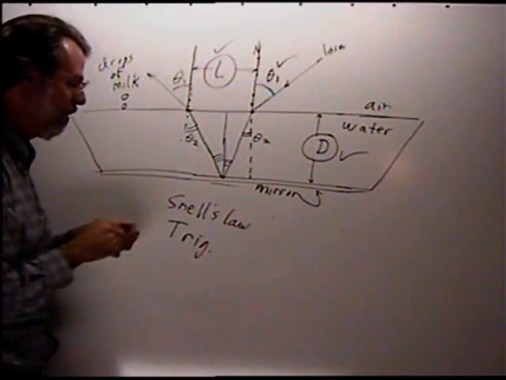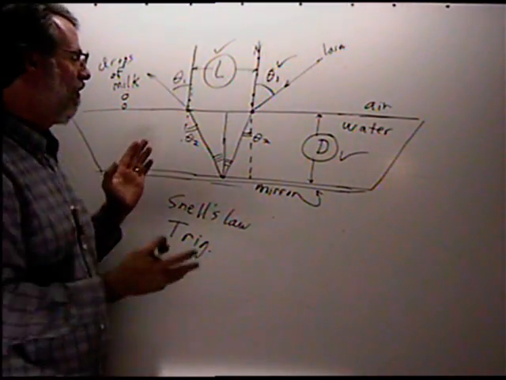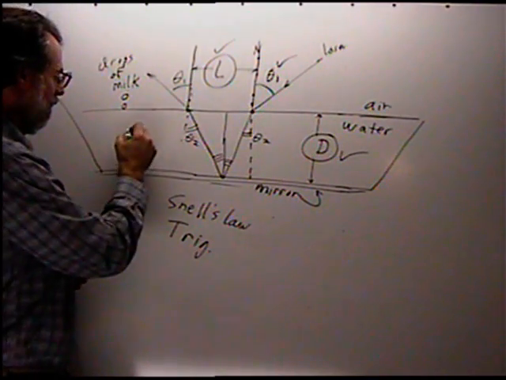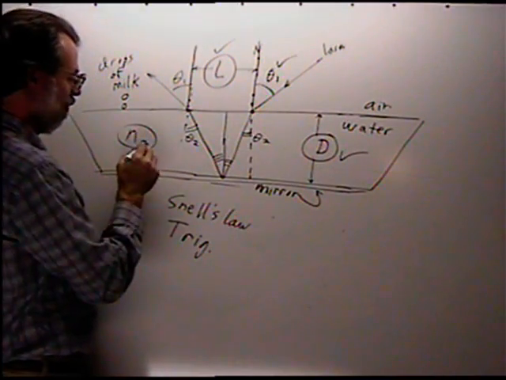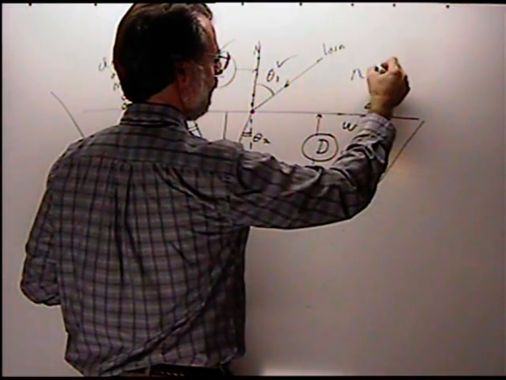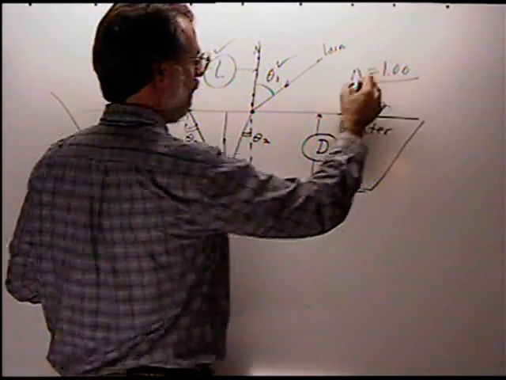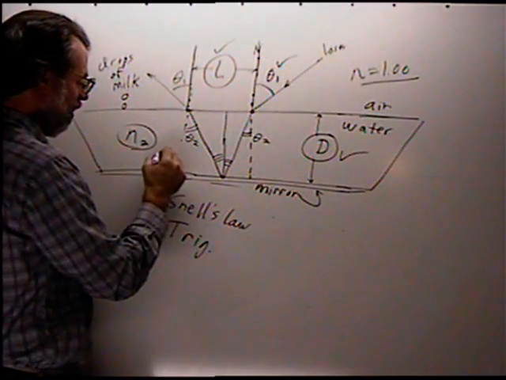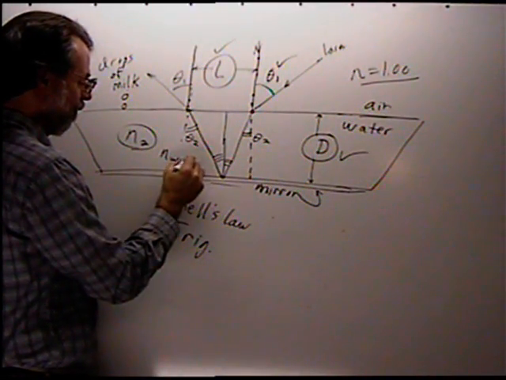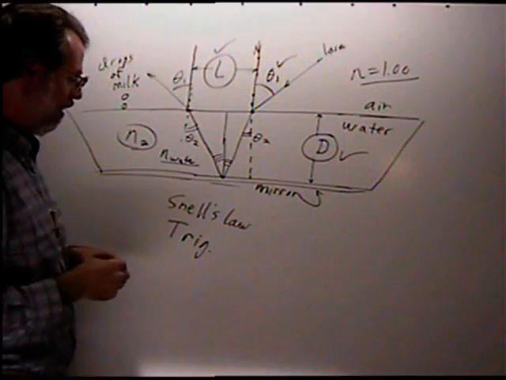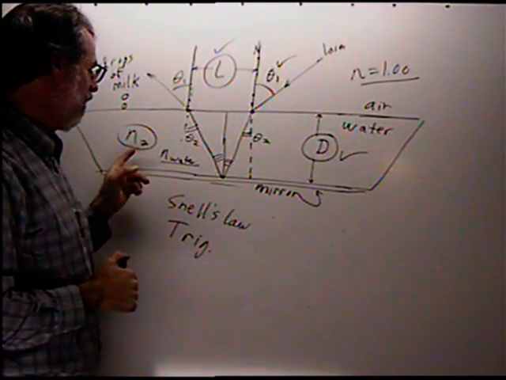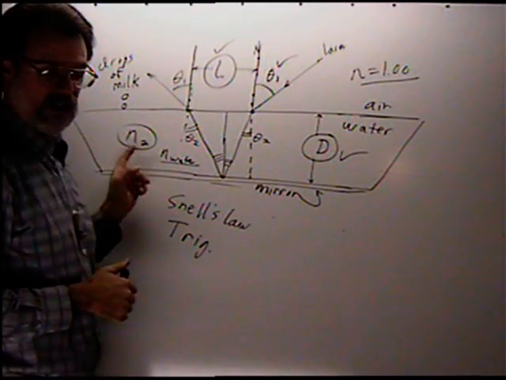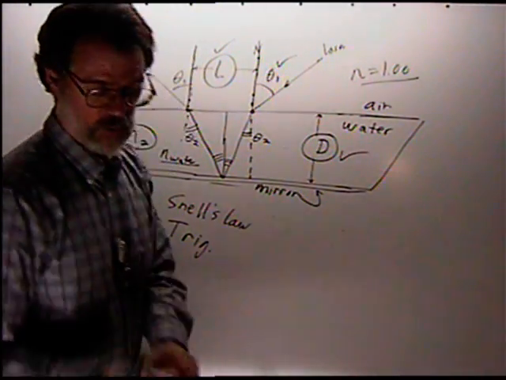So we can use symmetry to figure out an equation for the index of refraction of water. This is index of refraction of air, and this is index of refraction of the water. So what you want to do is to use algebra to figure out the formula for the index of refraction of water.